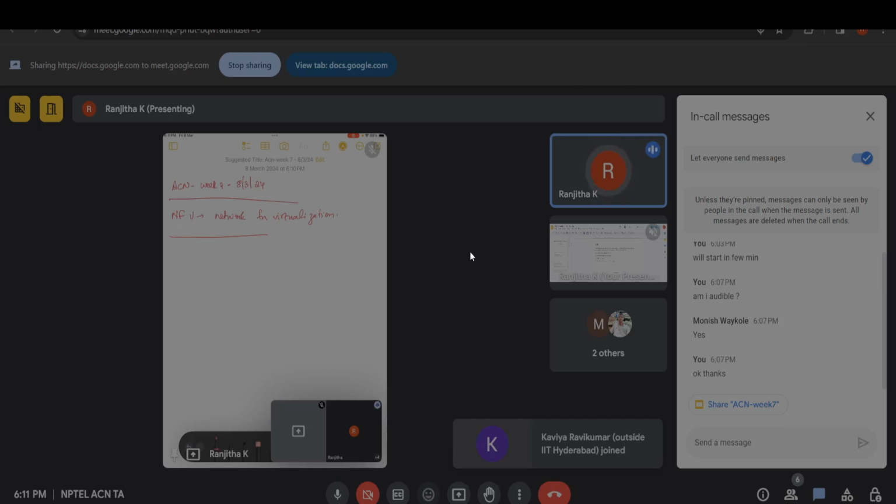Now with NFV, let's start with something called middle boxes. Let's look at it from the perspective of middle boxes. So, what are middle boxes?